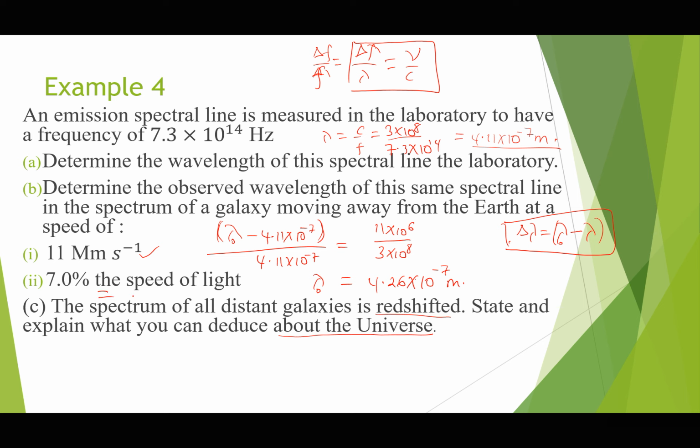So 7% of the speed of light, that is 0.07 times 3 exponent 8 divided by 3 exponent 8 times 4.11 exponent minus 7 plus 4.11 exponent minus 7.